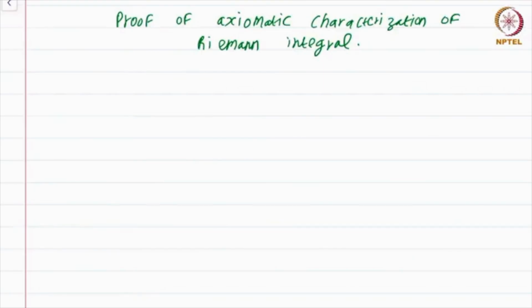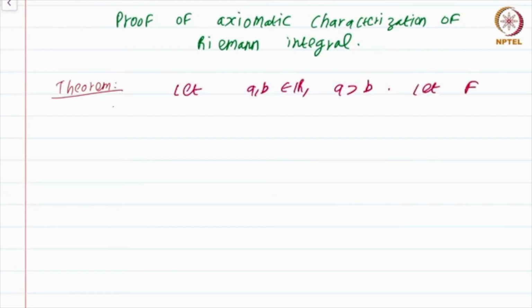Let me begin by stating the axiomatic characterization of the Riemann integral again before we go to the proof. Theorem. It is as follows. Let a, b in R, a less than b. Let f be a continuous function on the closed interval [a,b].